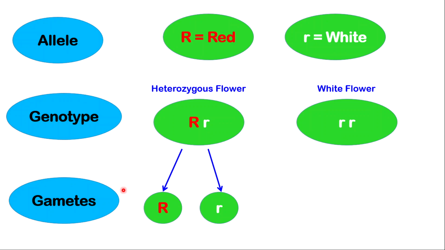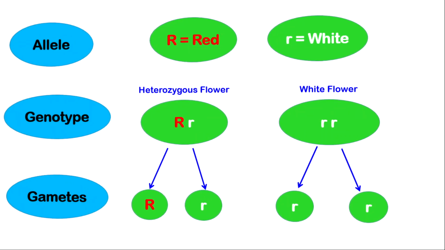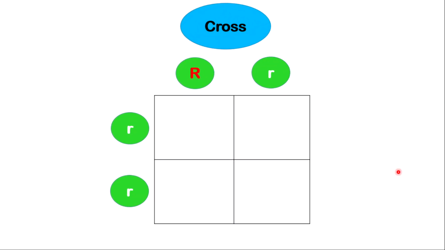So the possible gametes from a heterozygous organism are an uppercase R and a lowercase r. What are the possibilities from the white? Only lowercase r's. The gametes can only contain a single lowercase r, not two letters together, because we're looking at only one trait. So let's do a crossing.